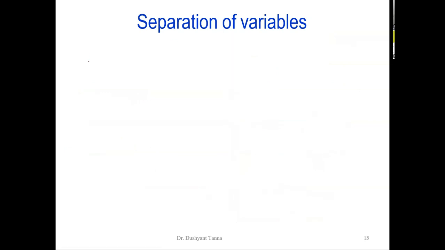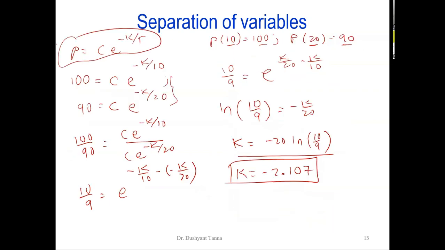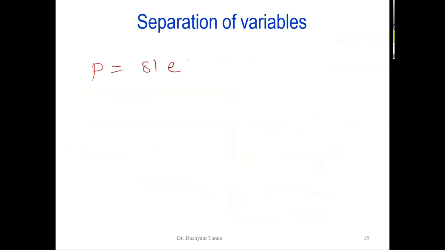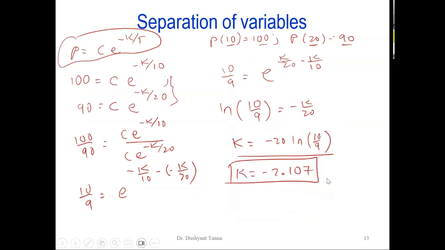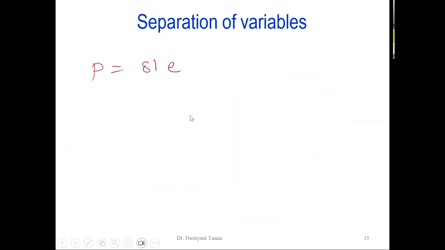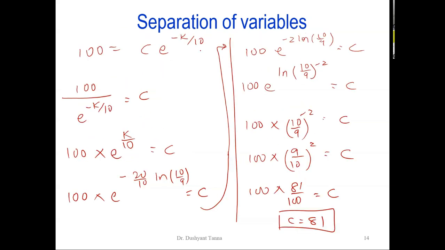So finally, for the pressure P, I will use this bit. C, what is C? 81, e raised to minus K over 10. What's K? 2.107. So can I say 81 e raised to 2 ln 10 on 9?